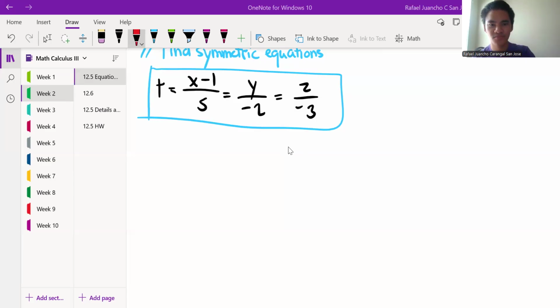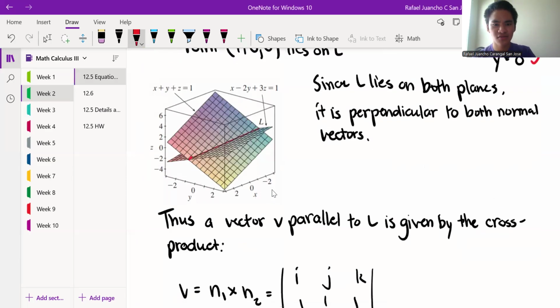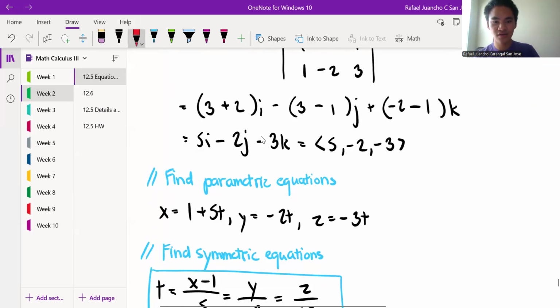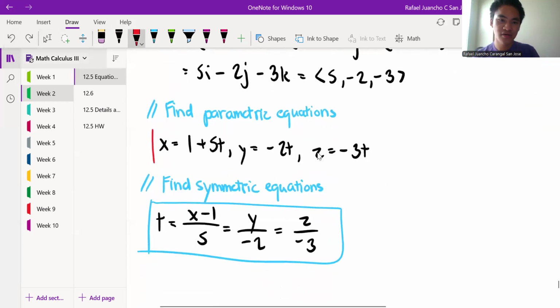If you notice, that line right there can be determined using these parametric equations, or it can also be determined by these symmetric equations.